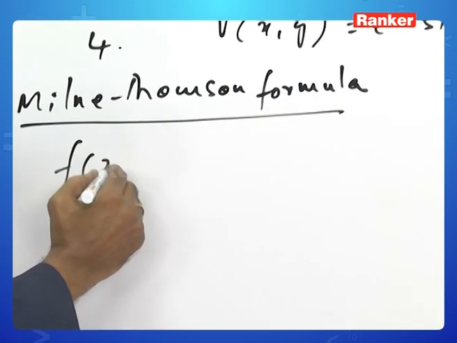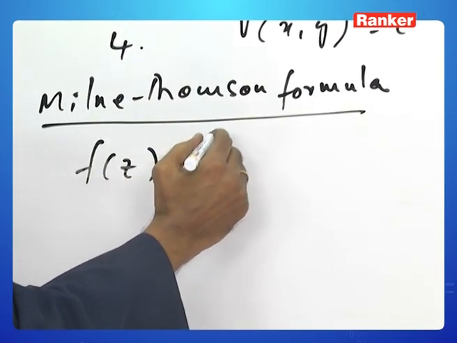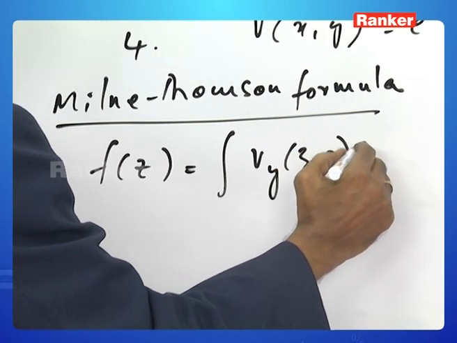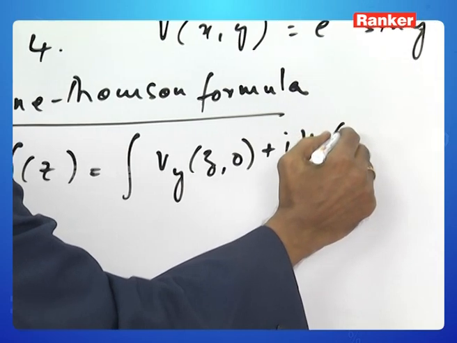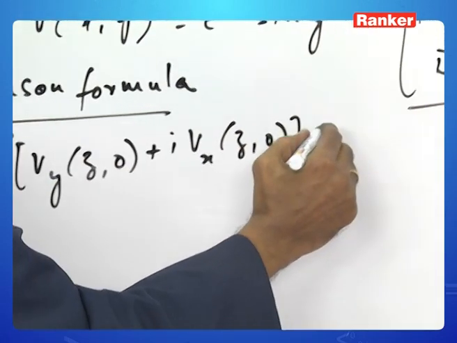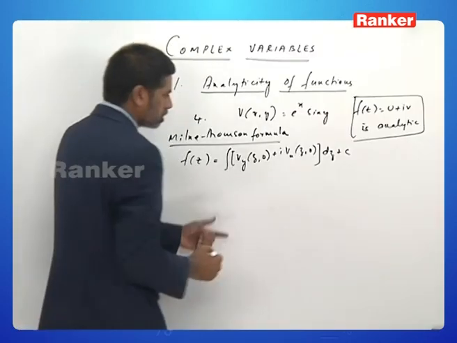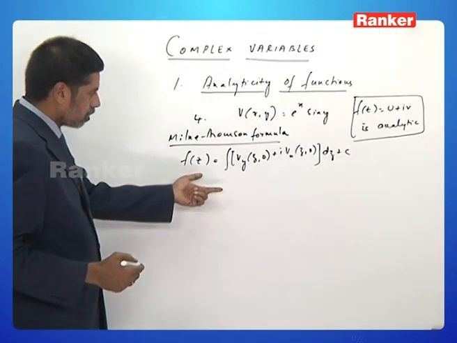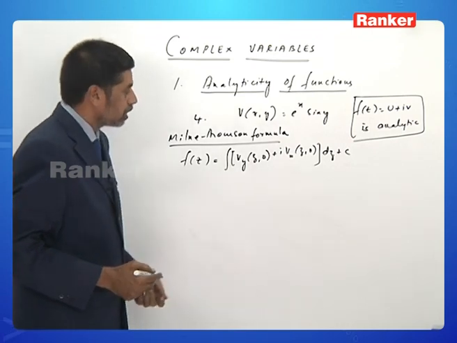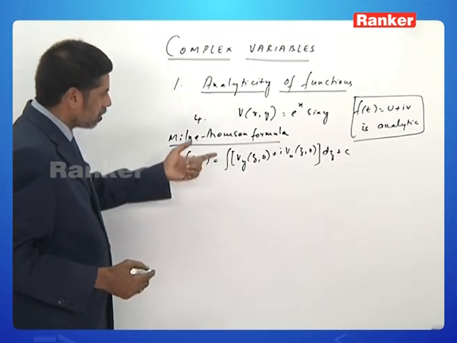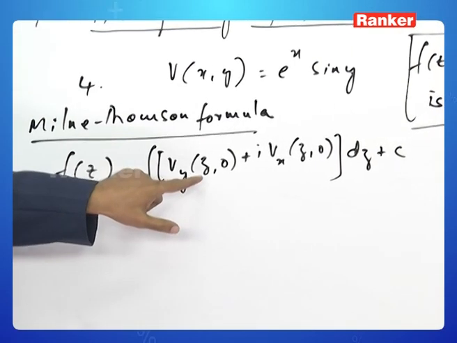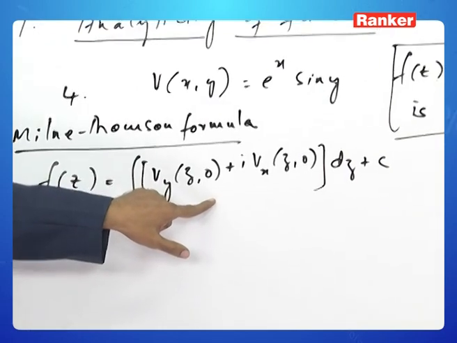The formula to determine f of z, given the imaginary part v, is this. That means you will also have another Milne-Thomson formula when u is given. What we do is we differentiate v with respect to x and y partially and then replace x with z and y with 0.